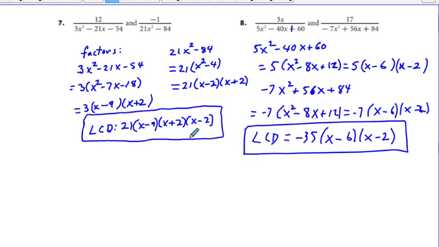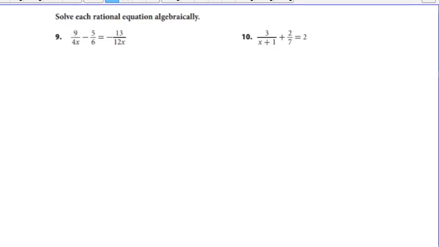Okay. The equations. And we're going to solve these algebraically. Well, the first thing we're going to do is find our least common denominator. So our least common denominator is going to be equal to this 7 times this denominator of x plus 1. And the principle we're going to be using here is clear the denominator.